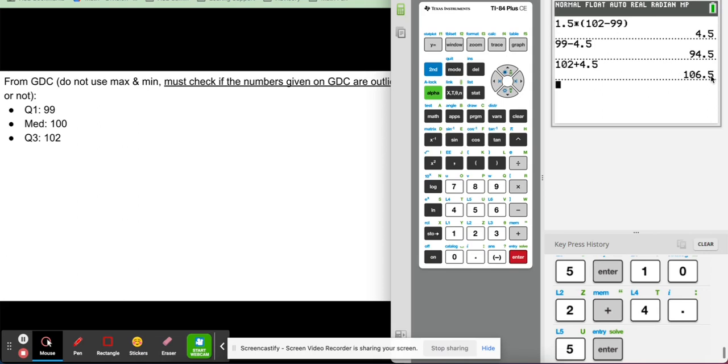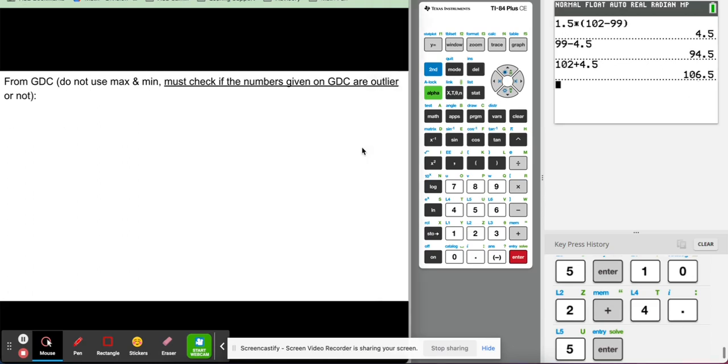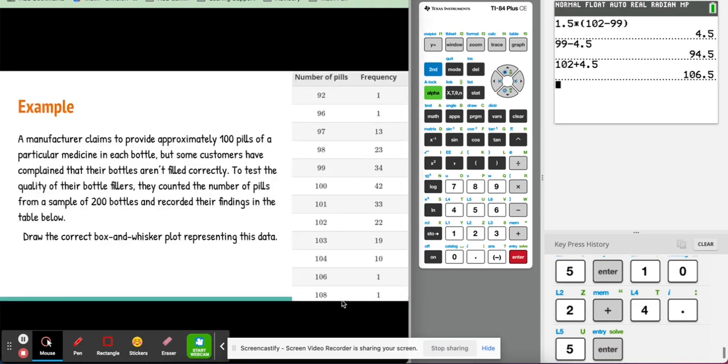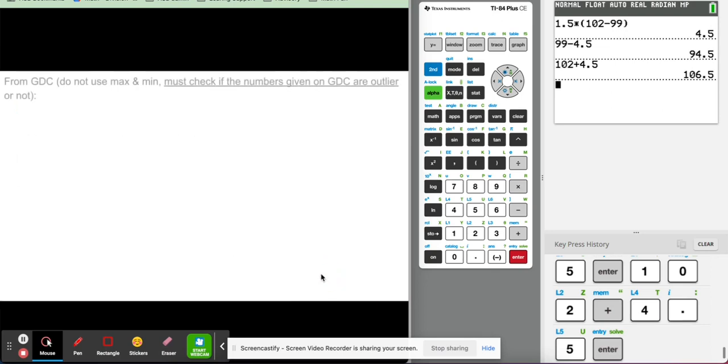That means I cannot have a value bigger than 106.5. So let's see if we have any outliers. And in fact, we do. We have 108, which is bigger than 106.5. So 108 is going to be an outlier, while 106 is going to be considered our maximum value.